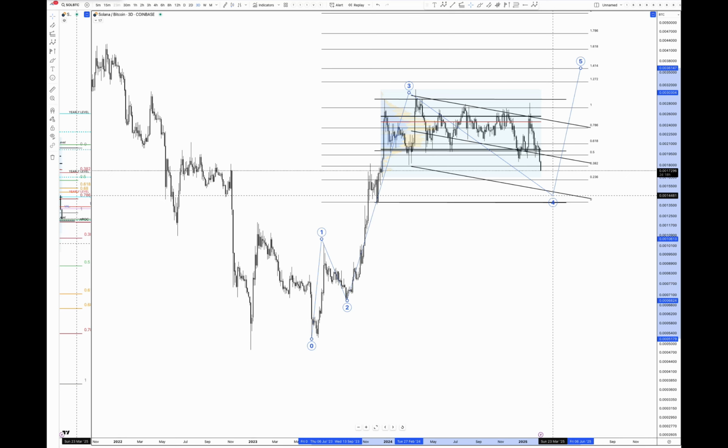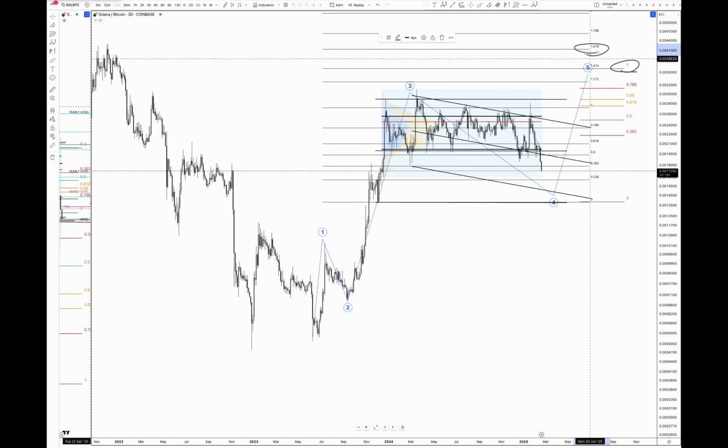If it comes down to there, and that's our one, actually we can do this, that could be our golden ratio and major resistance. And again, that's my thoughts anyway. That's one target and that's the other target if this is a major 3 and a 4. So if we come down, I think this is valid, and then big time.